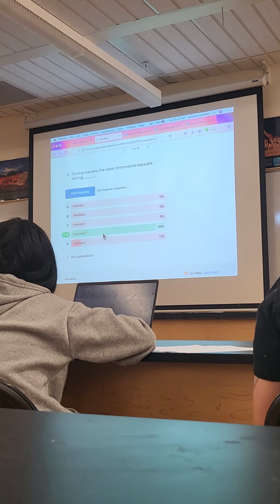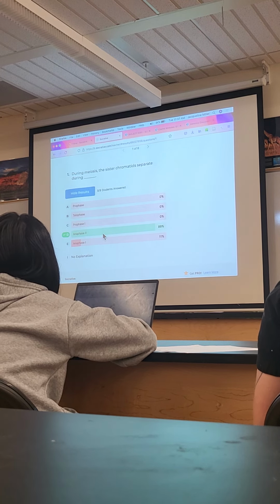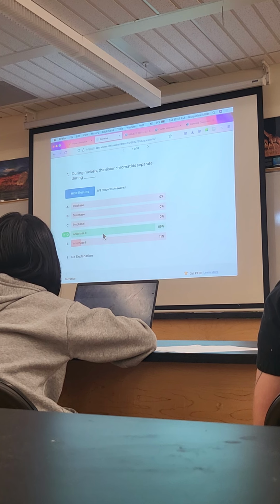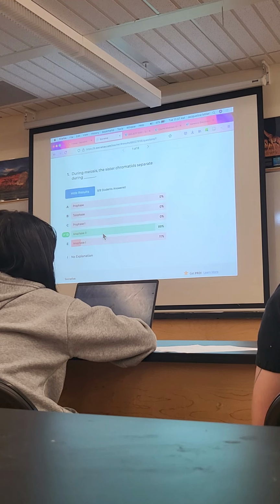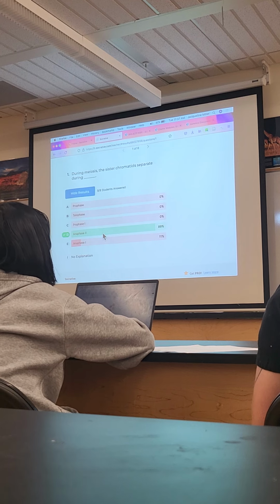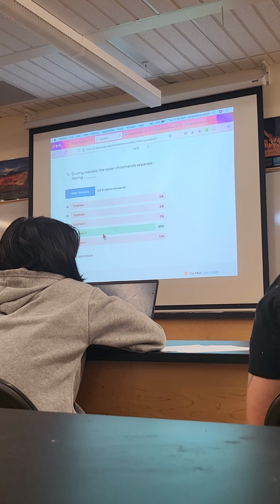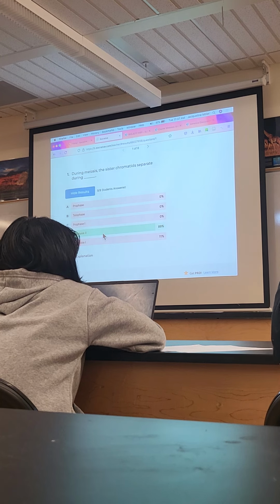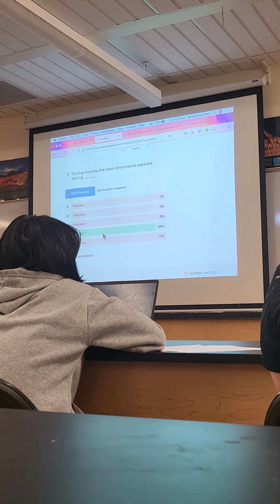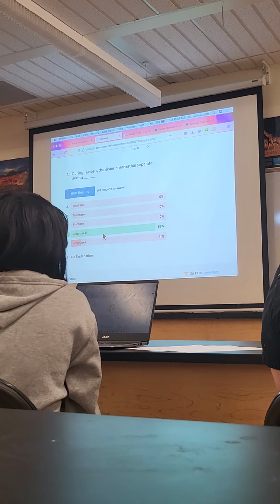The one we're deciding between is the two anaphases, because that is the phase when the chromosomes come apart, and then you have to decide when the sisters are actually separating. In anaphase 1, what comes apart? Yeah, the homologous chromosomes are coming apart. And then the sisters come apart in anaphase 2.